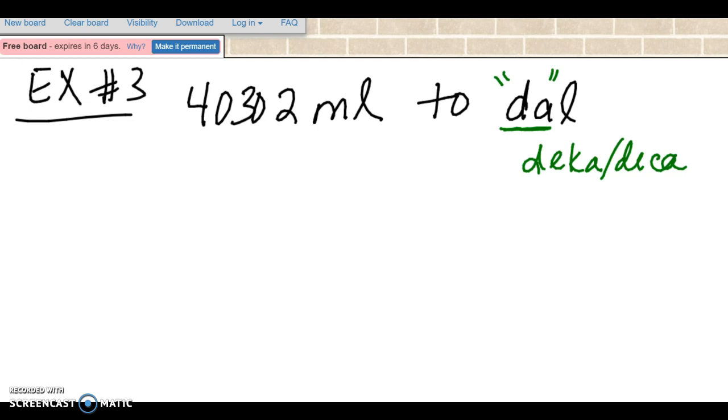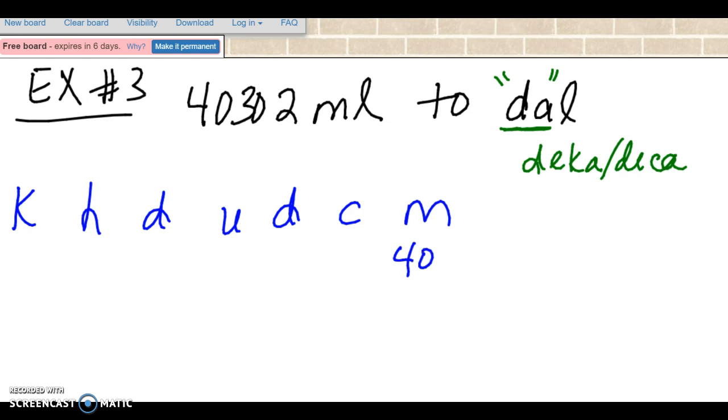So we're going to use King Henry died unusually drinking chocolate milk. And this time we are at milliliters. So we have 40,302 milliliters. We are here. And this time we want to convert this to deciliters.